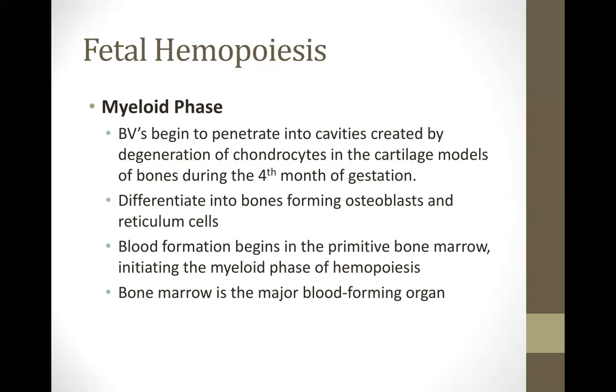So at this point, it's safe to say that at 4th month age of gestation, myeloid phase now appears. Blood formation begins, and the bone marrow is the major blood-forming organ right now at this 4th month age of gestation until adult life.